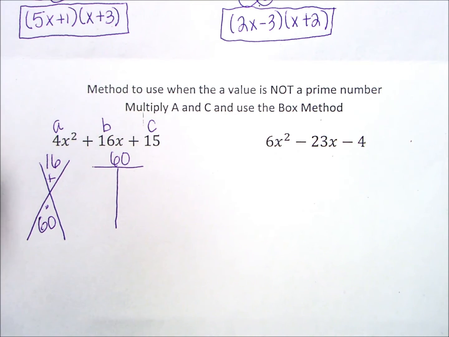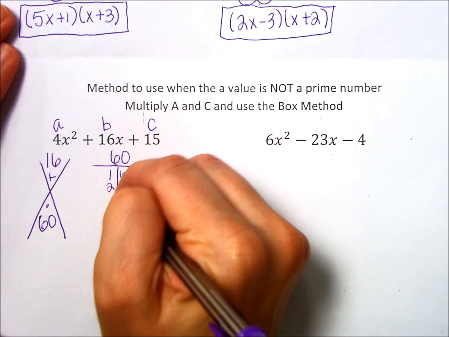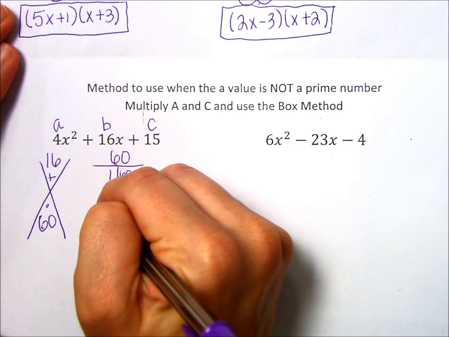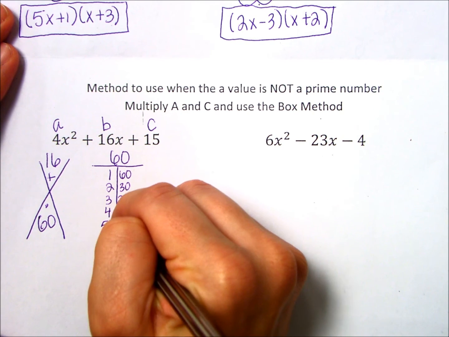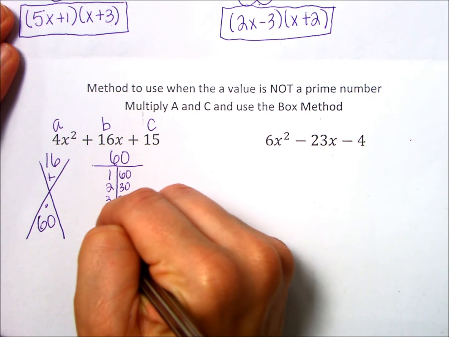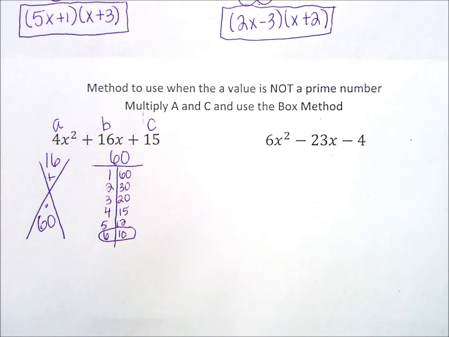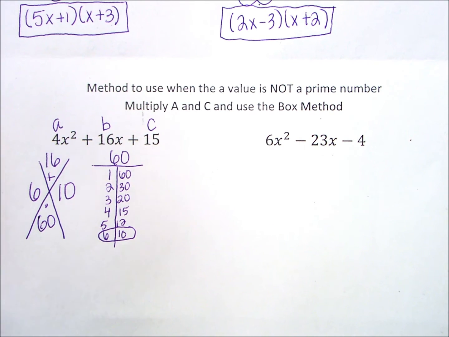There are a lot of factors of 60, so we'll list them out. 1, 60, 2, 30, 3, 20, 4, 15, 5, 12, 6, 10. I'm just going to stop there instead of doing all of the negatives. I know 6 plus 10 adds to give me 16, so 6 and 10 are my two numbers.